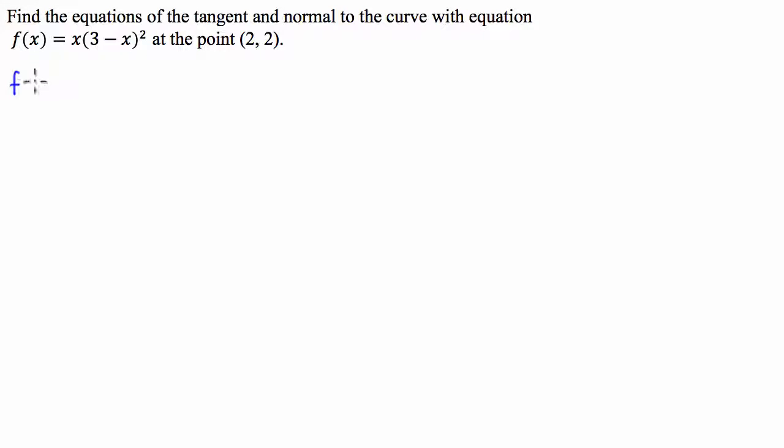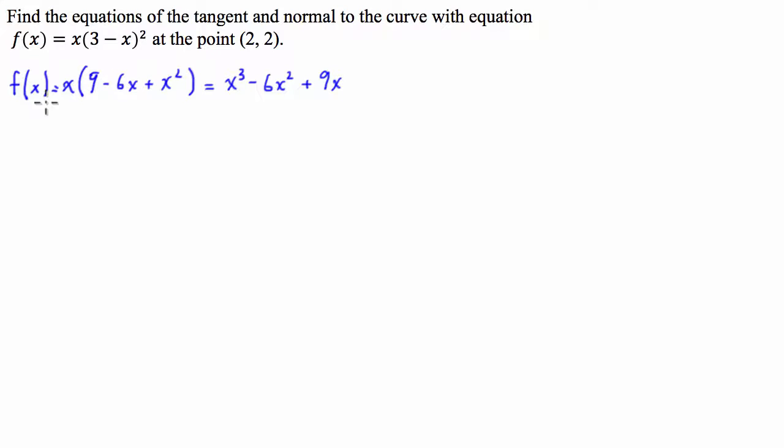So the function f of x is equal to x bracket, now this is going to be 9 minus 6x plus x squared, which if we multiply out that bracket and do a bit of rearranging, we have x cubed minus 6x squared plus 9x. So there's our function once we've multiplied out the bracket.